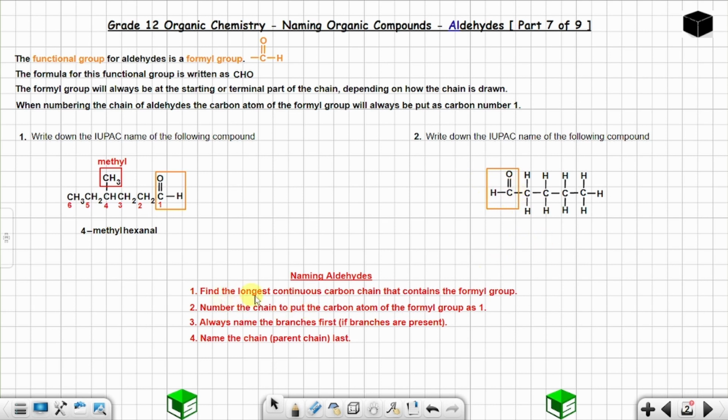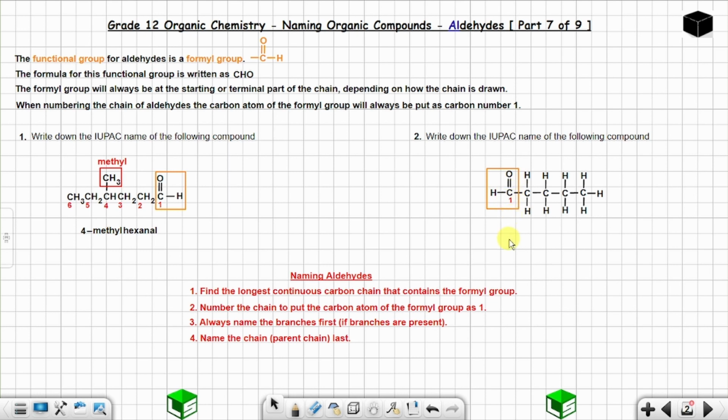So find the longest continuous carbon chain that contains the formyl group. This is the formyl group. The longest will be 1, 2, 3, 4, 5. Number the chain to put the carbon atom of the formyl group as carbon number 1. This is the carbon atom of the formyl group, so this will be carbon number 1.